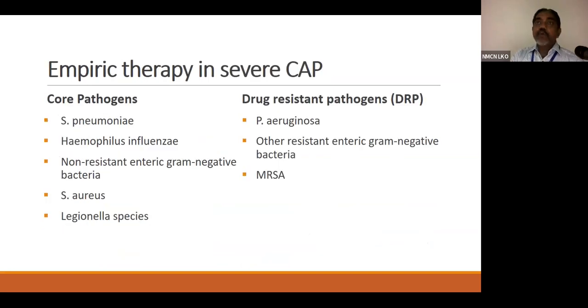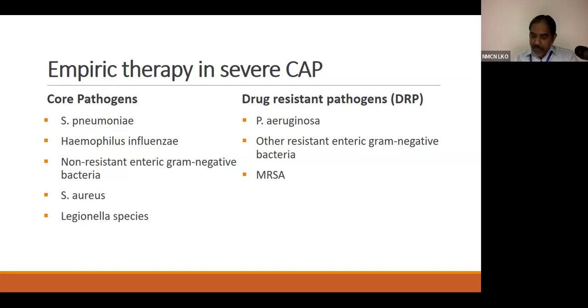So empiric therapy of community acquired pneumonia, severe community acquired pneumonia, should cover the core pathogens. The core pathogens are Streptococcus pneumoniae, Haemophilus influenzae, non-drug resistant enteric gram-negative bacilli, Staph aureus and Legionella species. Along with that, an empirical cover of drug resistant pathogens, that is Pseudomonas, MRSA, or other enteric gram-negative bacteria which are ESBL producing, if risk factors are present.